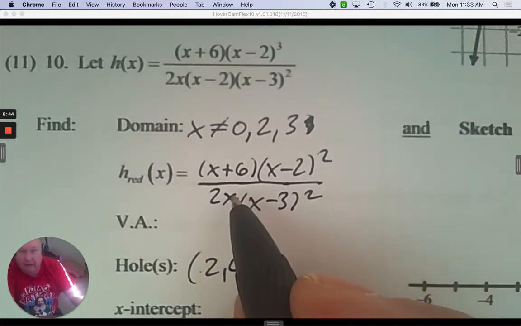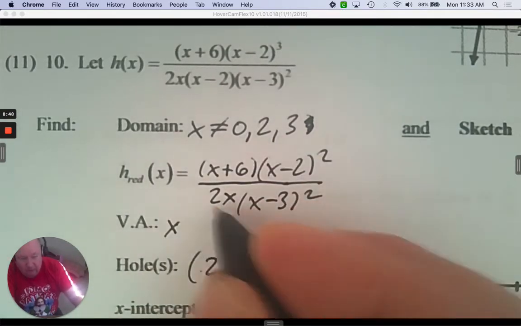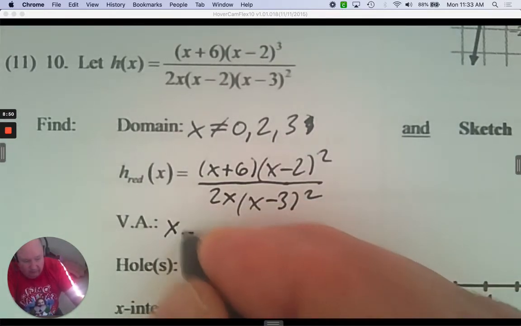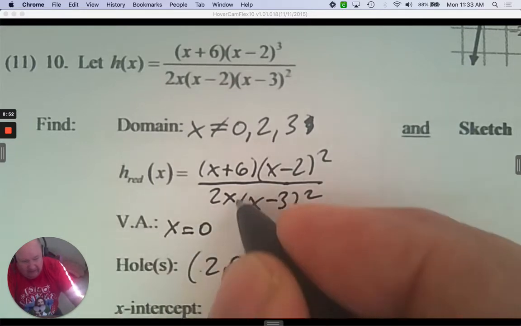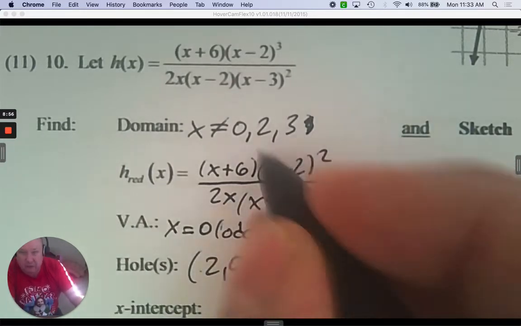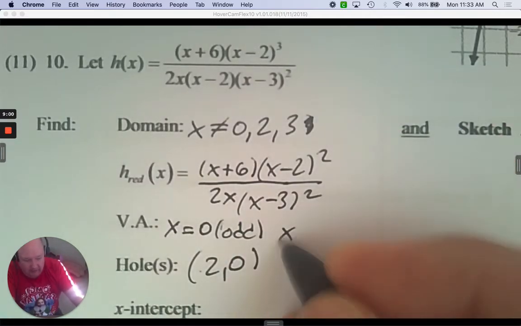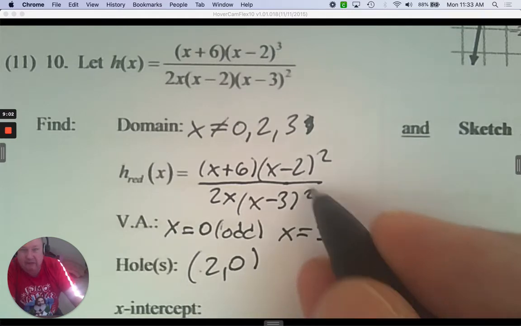That means what is left in the denominator are vertical asymptotes. So 2x, the restriction is 0 and has an odd exponent. The next restriction, which was positive 3, is the other vertical asymptote, and it has an even exponent.